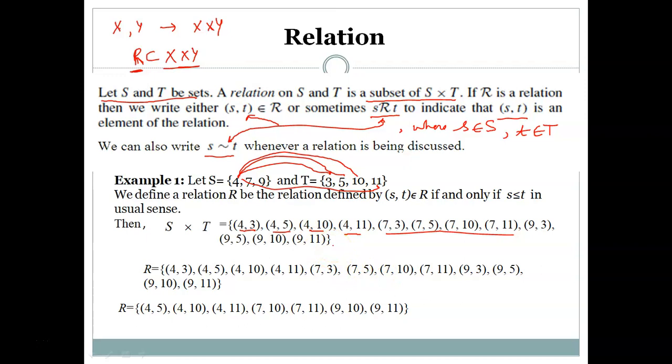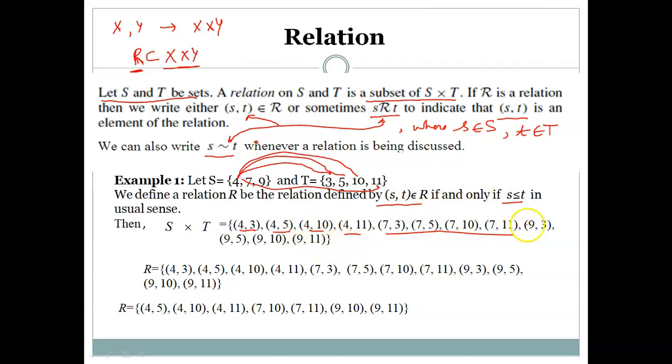Now suppose we define the relation in this way. On this S cross T, the relation R is defined by: s is related to t, or the ordered pair (s, t) belongs to R, if and only if s is less than or equal to t.